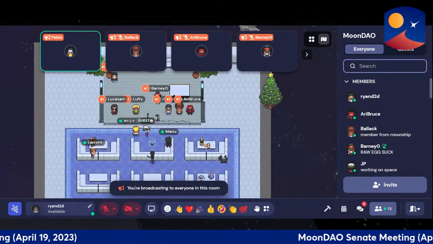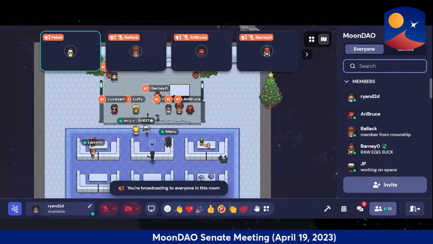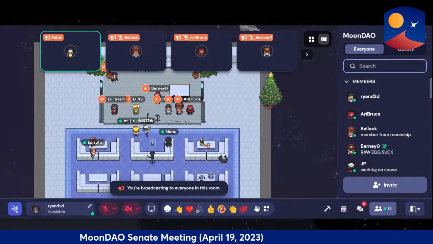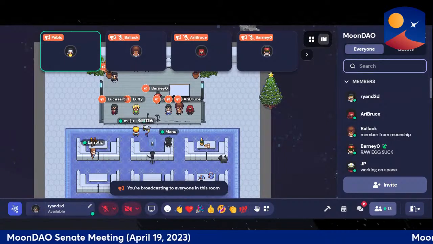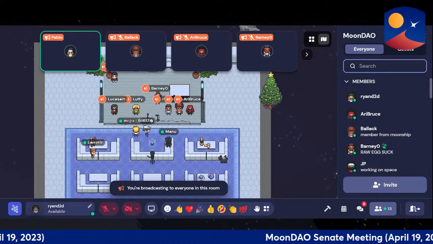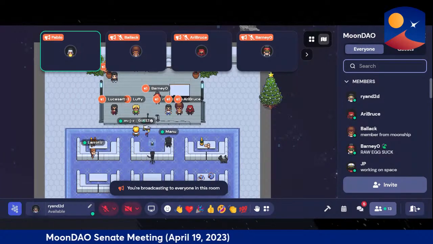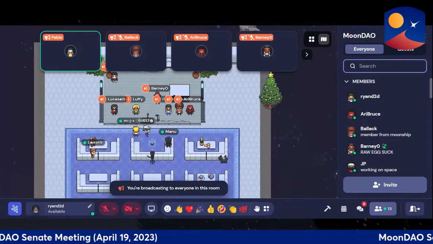But the gas fees can add up, especially these days when they're pretty high. So I think we'll need to take that on a case by case basis. It depends on who's working on the project and what their needs are.